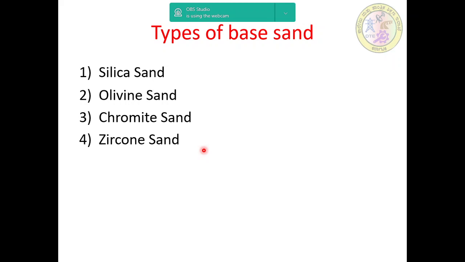But the major drawback is that zircon has traces of uranium and thorium, which is hazardous in nature, thereby restricting its usage in foundries. That is the main drawback of this zircon sand.